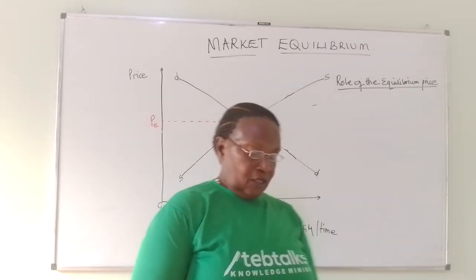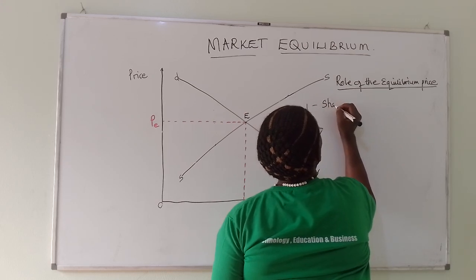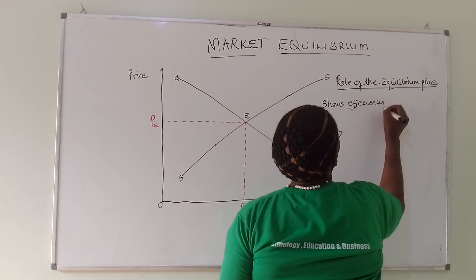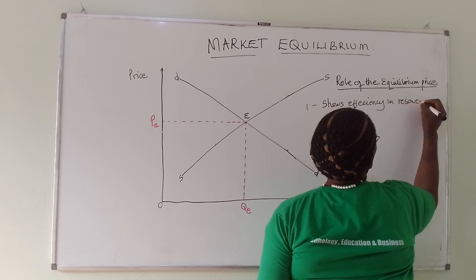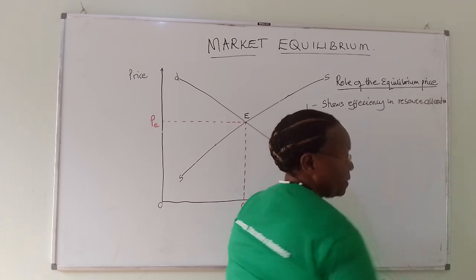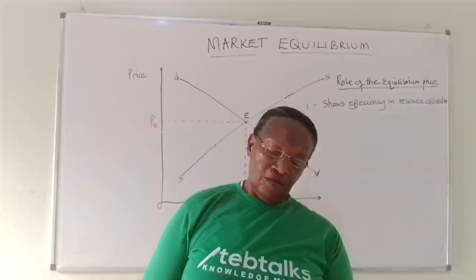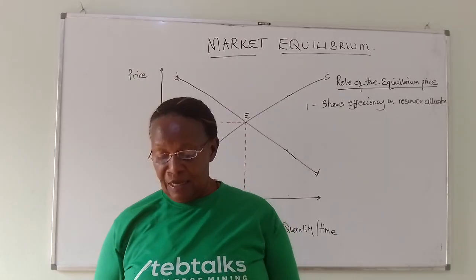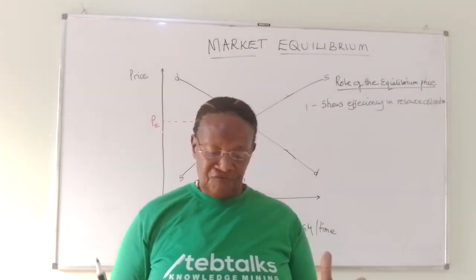So the equilibrium price shows efficiency. Role number one, it shows efficiency in resource allocation. So resources are being efficiently allocated in such a way that there is no wastage and you are not creating any shortages or they are not underutilized. Whatever resources are being utilized in the production of that particular good, that good is just enough for the consumers.